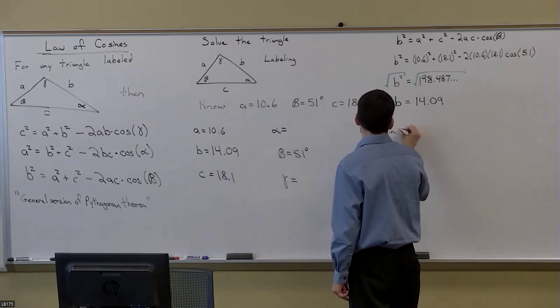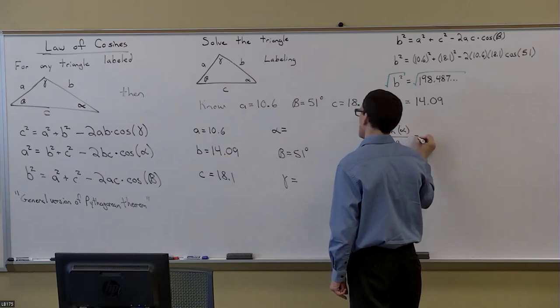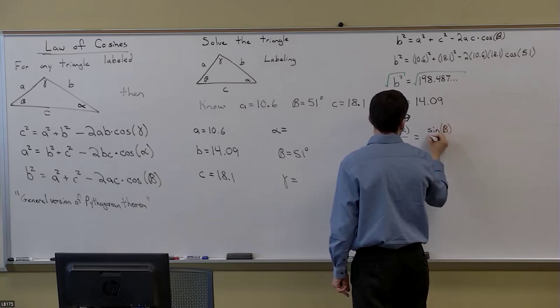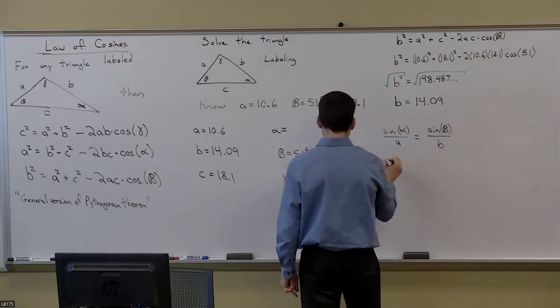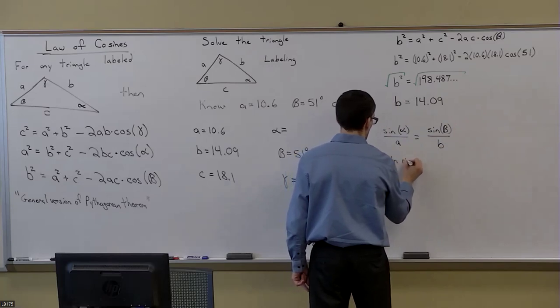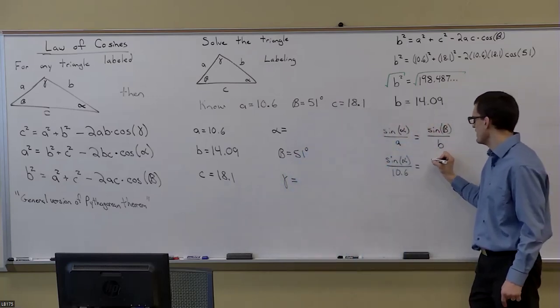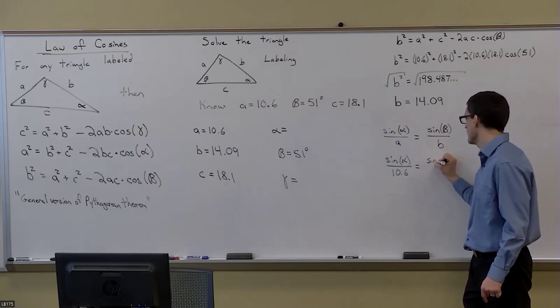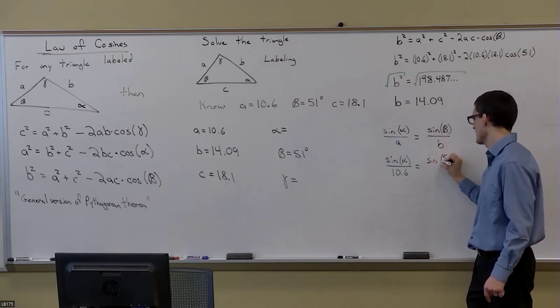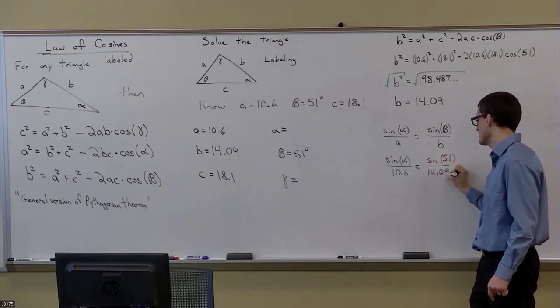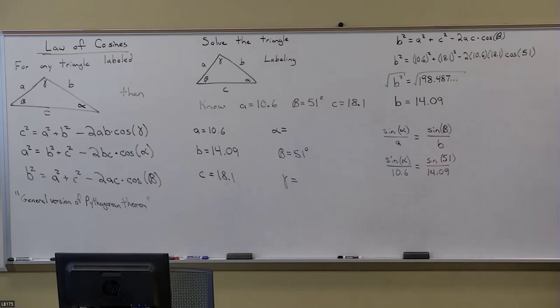So in other words, sine alpha over A is equal to sine beta over B. I know A is 10.6. I know beta is 51 degrees. I know B now is about 14.09. And so I can figure out what alpha is.